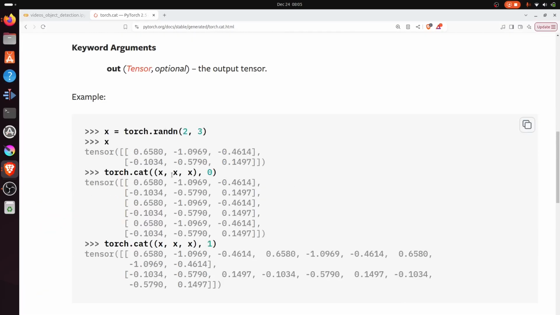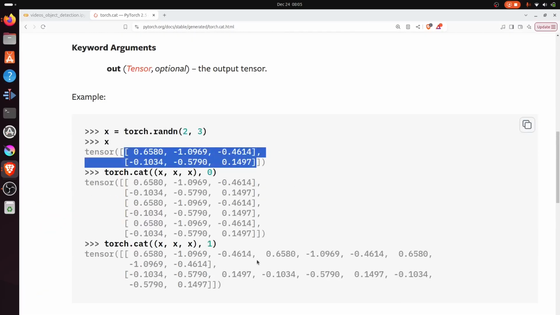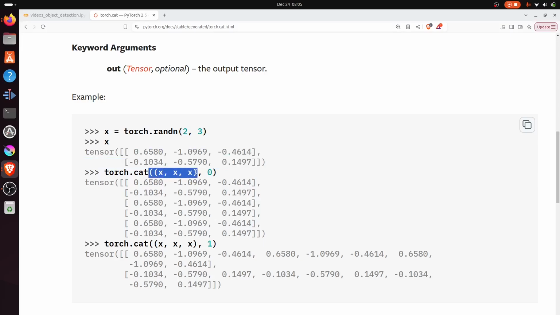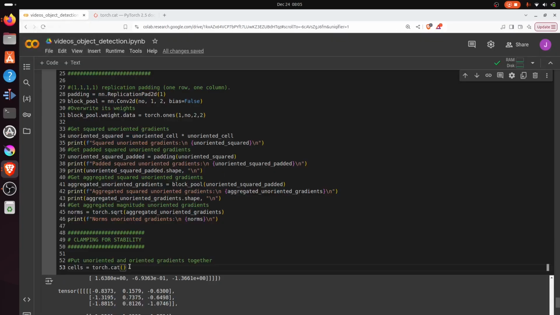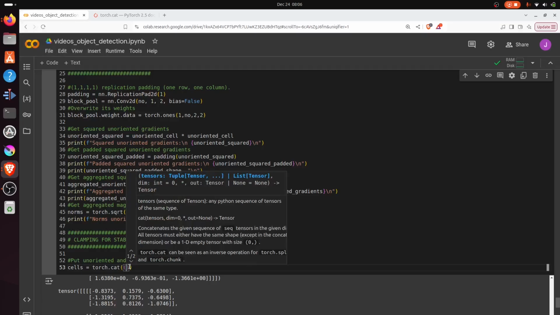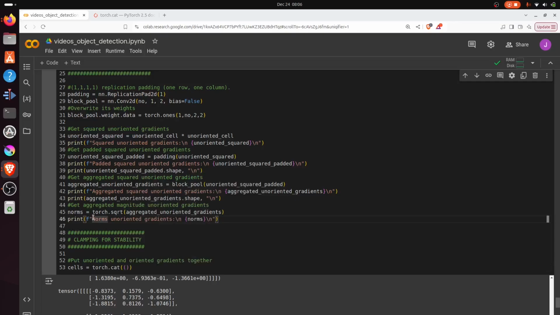In this example, if we take this tensor as an input three times and specify dimension 0, of course it's going to repeat it three times in the row dimension. If we do it in the column dimension, we'll do the same in the column dimension. So this is how torch.cat worked. We need to specify the tensors that we want to concatenate, and remember that in our case we had unoriented.